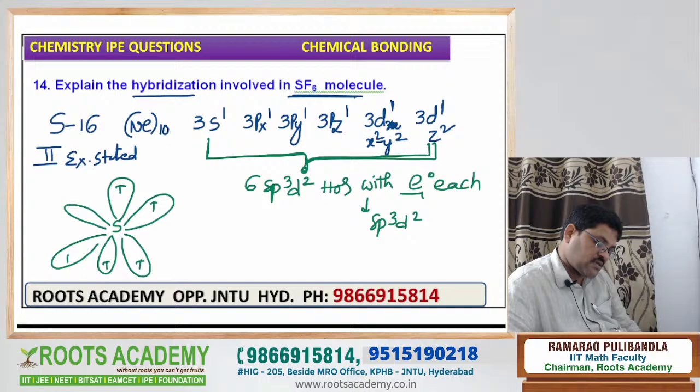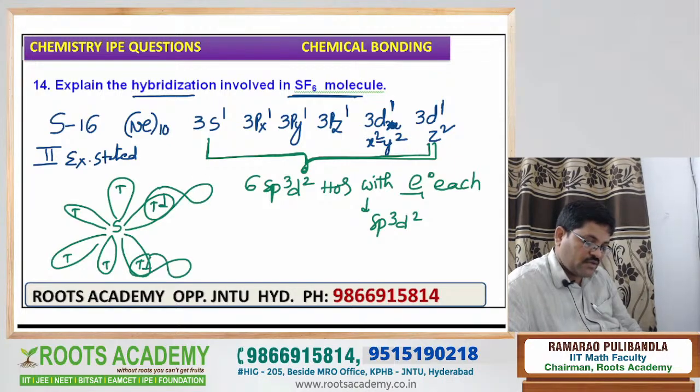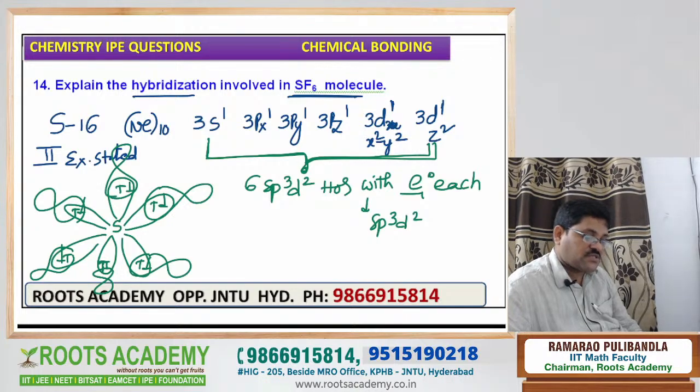All the hybrid orbitals are of similar shape and energy, and they are head-on overlapping with the surrounding fluorine atoms. In the fluorine, the single 2pz electron is available, head-on overlapping and forms sigma bonds, that is SF6.